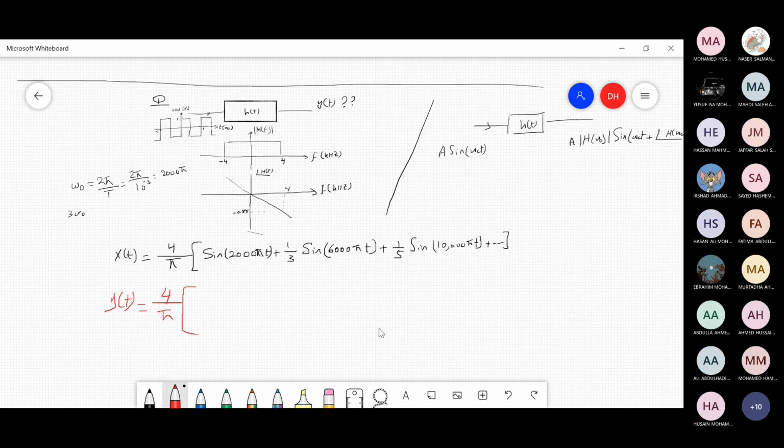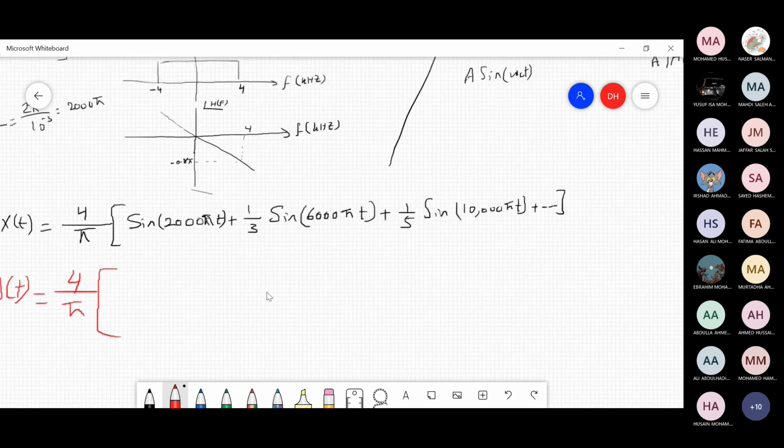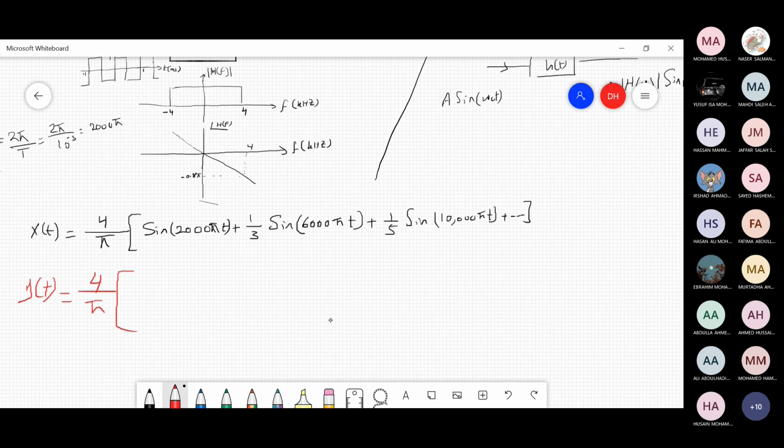So f here for the first one, f equal to 1000 hertz, which is 1 kilo.